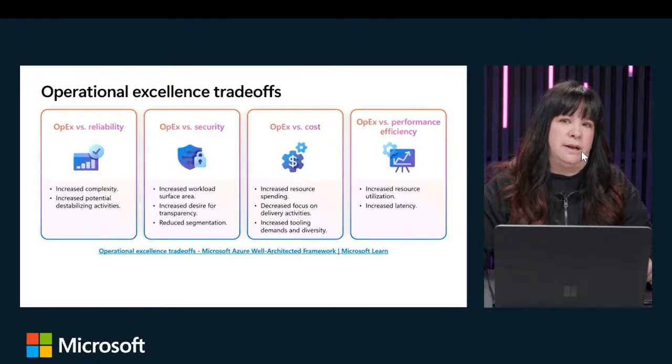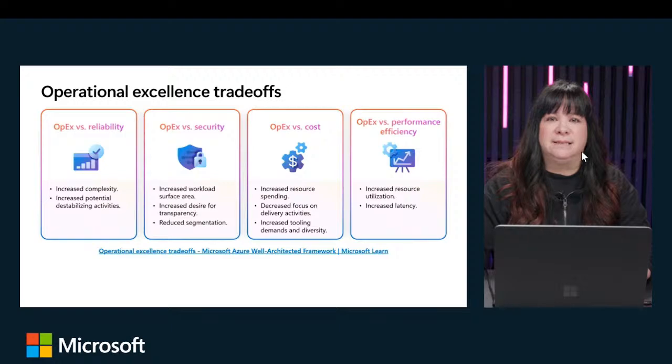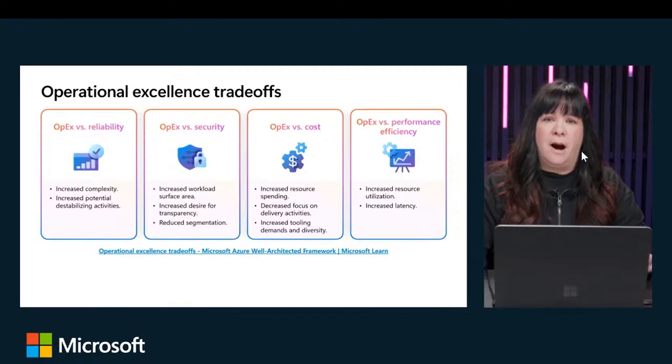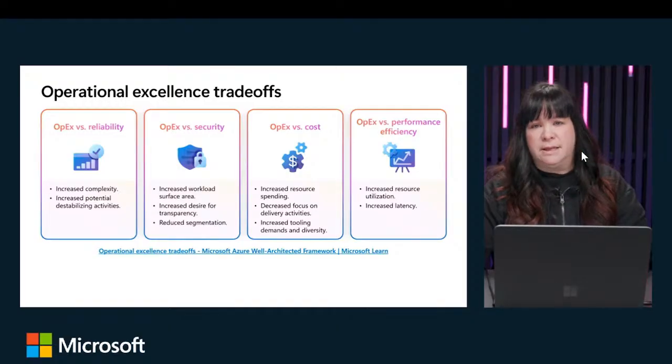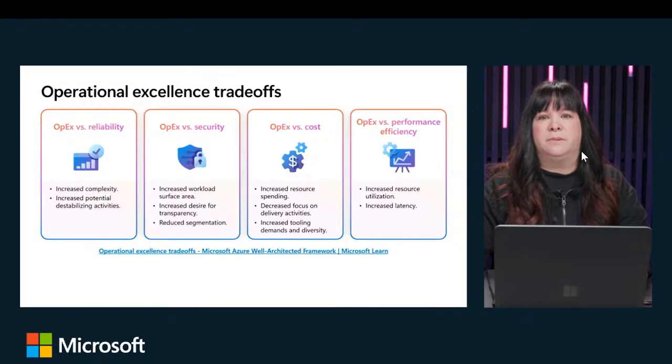Lastly, let's consider the trade-offs between operational excellence and performance efficiency. Operational excellence increases the resource utilization due to the level of instrumentation on the system, which can strain resources. Performance efficiency, on the other hand, strives to allocate as much of the available compute and network resources to the workload requirements.